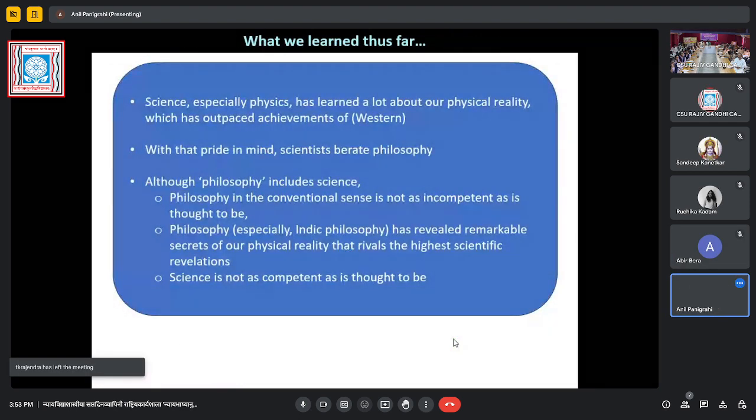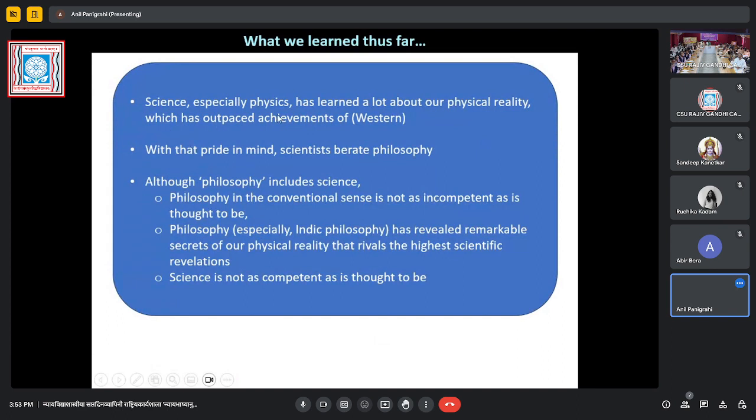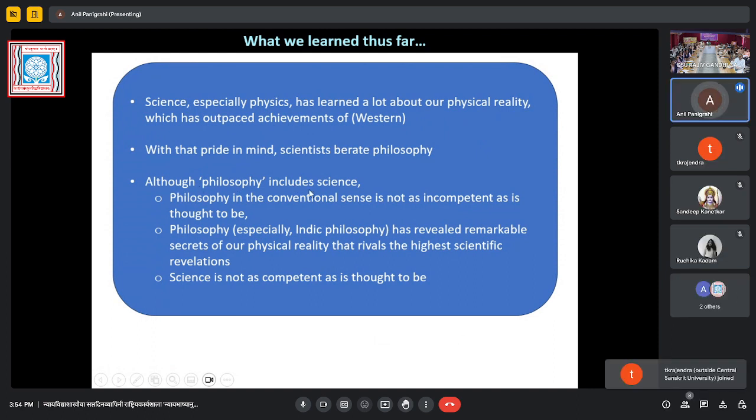So, in the discussion thus far, what we learned is that science, especially physics, has learned a lot about our physical reality, which has outpaced achievements of Western philosophy. So, with that pride in mind, scientists berate philosophy. Although philosophy includes science, philosophy in the conventional sense is not as incompetent as it is thought to be.